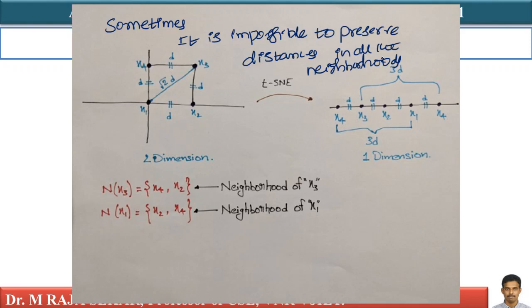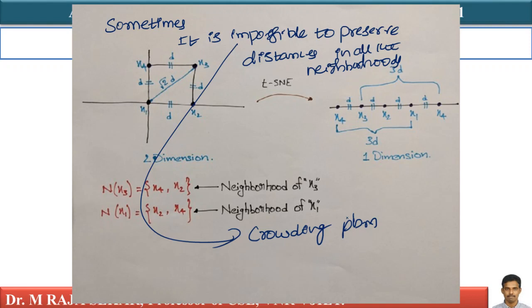Such a problem is called the crowding problem. What it means is your points are getting crowded. It's impossible to do, whatever you try. So this is one of the reasons.